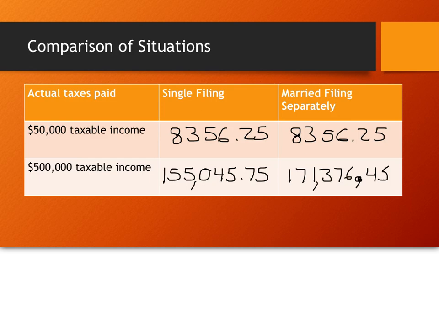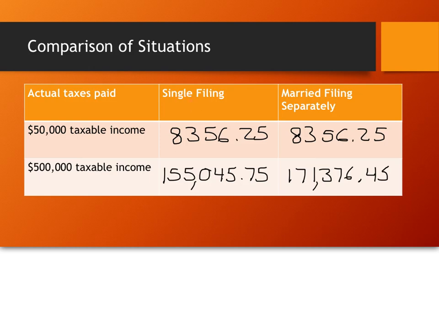So a quick comparison: there's really no difference in taxes at the $50,000 mark, being married or being single.